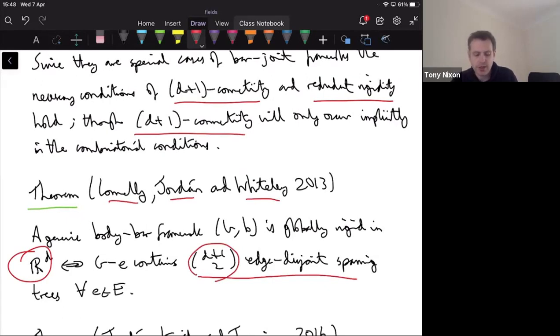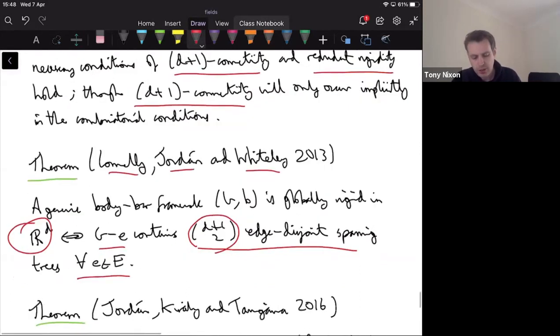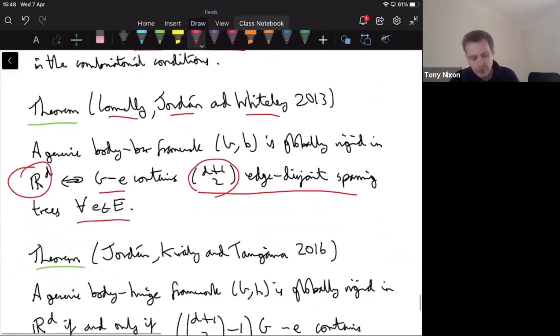So this right-hand side is saying you're redundantly rigid. If you delete any edge, you still contain the same number of edge-disjoint spanning trees we needed in the rigidity case. And that should be true for all edges of your graph. So it's exactly the redundant rigidity condition for body-bar frameworks.